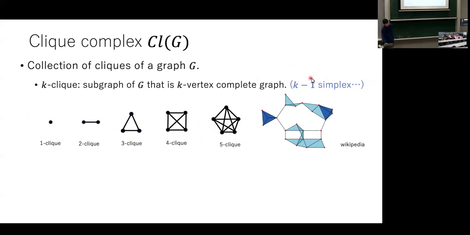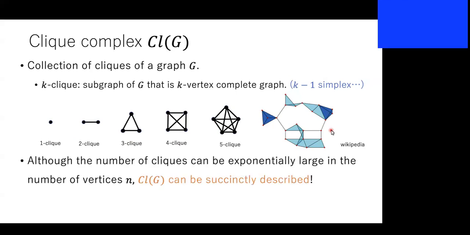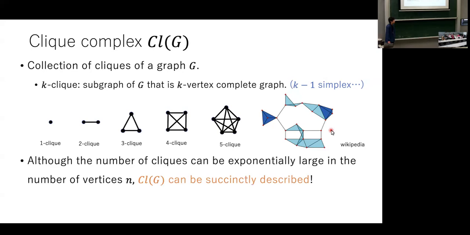So when you are given a graph, you can find the cliques, and you can consider those cliques as elements of the clique complex. The nice property of the clique complex is as follows. Although the number of cliques in the clique complex can be exponentially large in the number of vertices, the clique complex can be succinctly described by only the description of the graph.